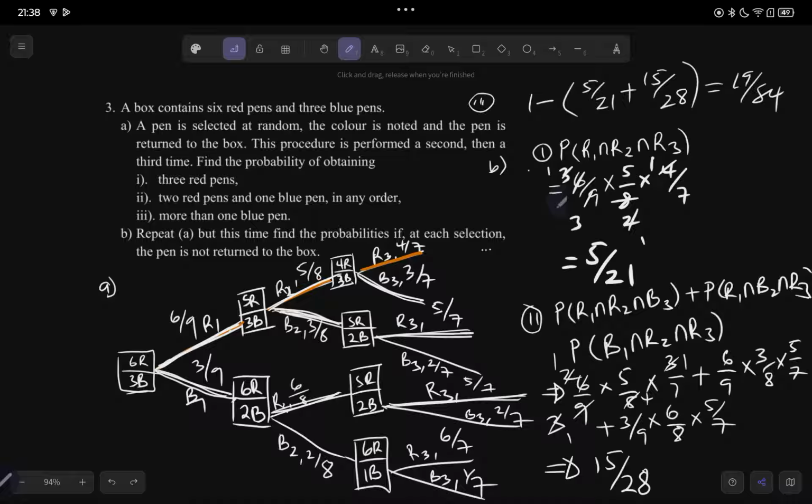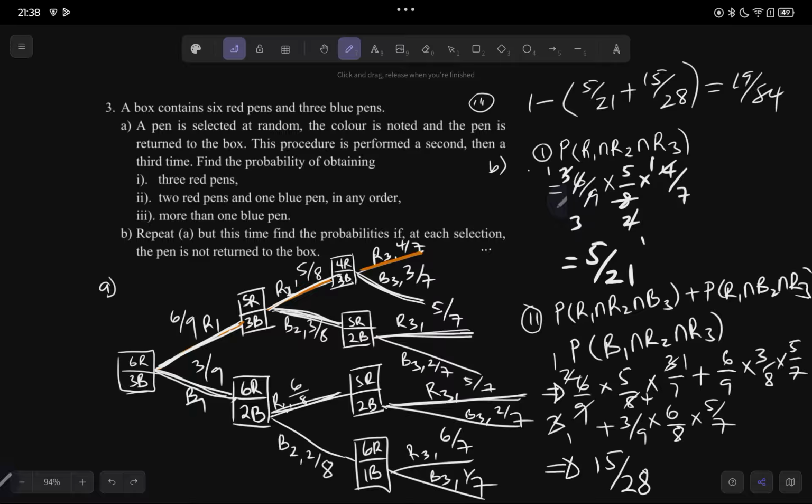You can roll the video, you look at how we did it in 2 ways. For the first case, when we were removing and replacing, you try to apply it here and see what will give us. So you try to do the same thing now, Roman numeral 3, by listing all the possible outcomes which result in more than one blue pen.